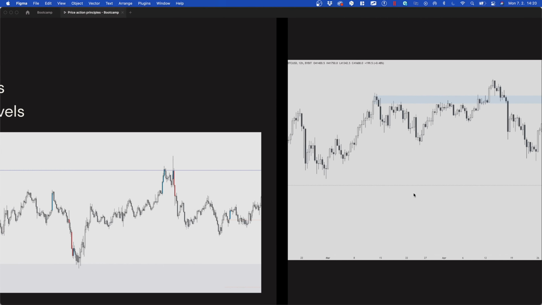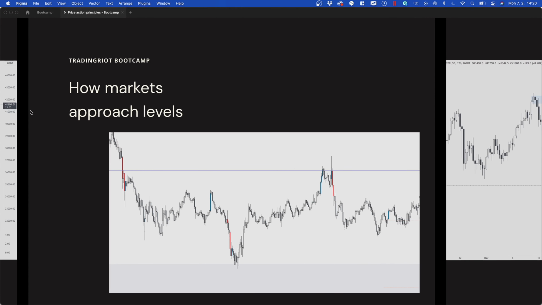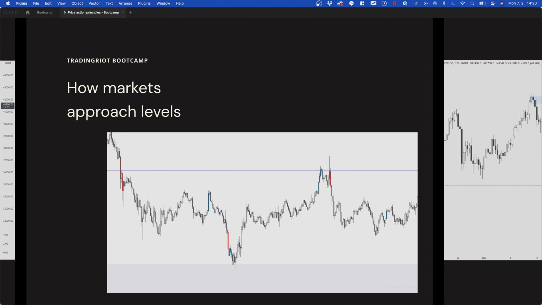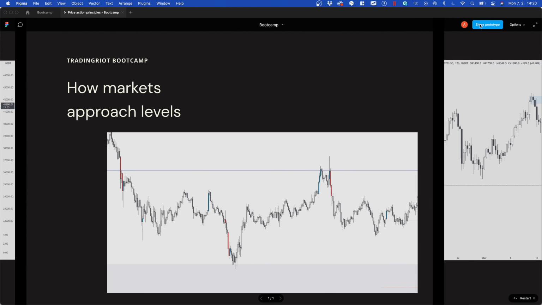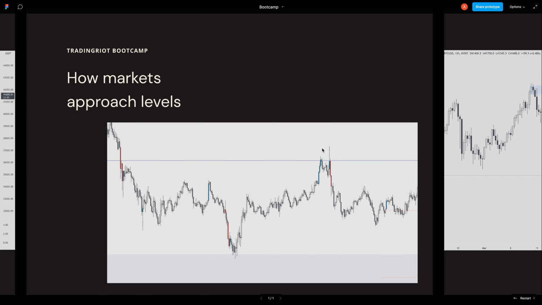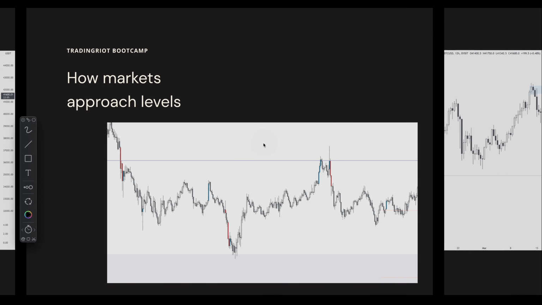So how is the market approaching the level? There are basically two ways markets go to levels. Let me just draw this again. So the first one is this kind of inefficient move: we have a level of resistance, and the market will do something like this.